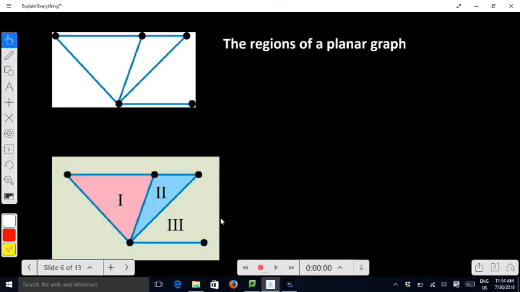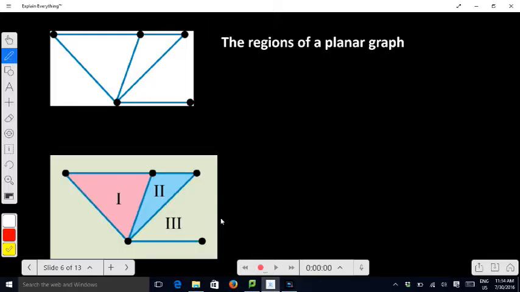Talking about regions of a planar graph. I've got this graph here. Because the area inside these three vertices is a solid connection, I can color it in inside, meaning that is a region.